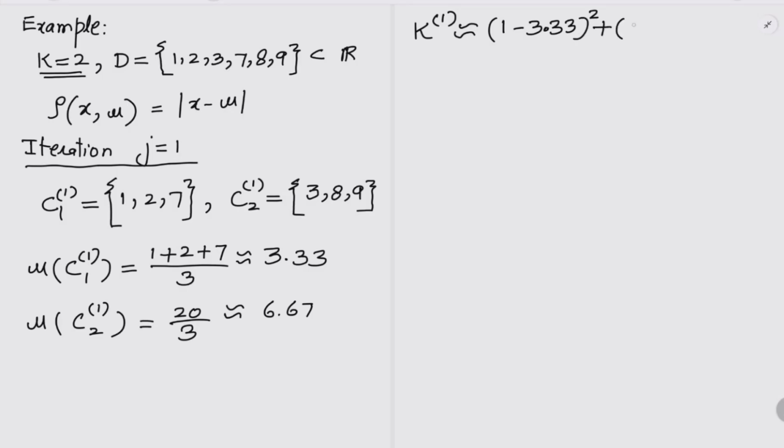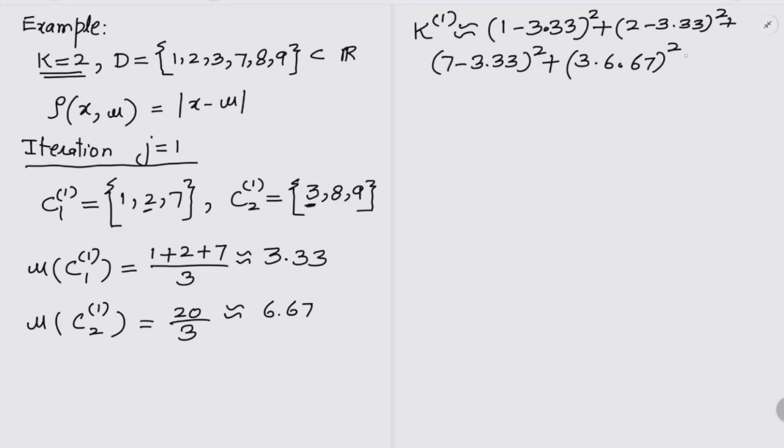Similarly 2, and the centroid of this cluster is 3.33. So 2 minus 3.33 squared plus 7 minus 3.33 squared plus, and next we have 3, and the difference between 3 and 6.67, taking a square, we get some value.